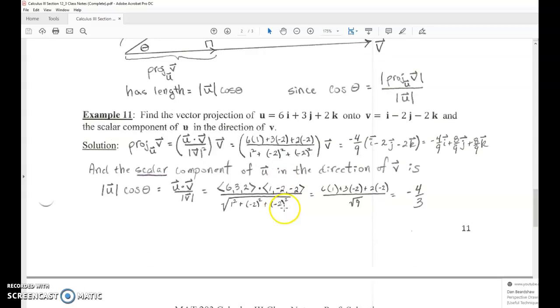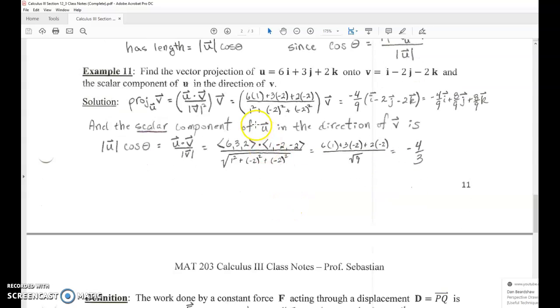So for example, if I have two vectors, u and v, I want the vector projection of u onto v first, and then the scalar component of u in the direction of v. Here's the projection, which means it's u dot v divided by the length of v squared times v.